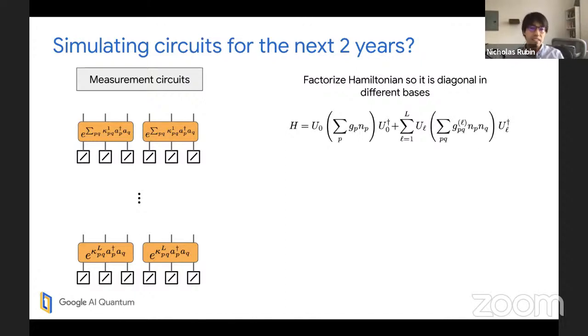So what you get is a sequence of measurement circuits that look like on the left, right? For the first one, the basis rotation circuit goes into U1, and then the last one goes into UL, and you just iterate through all L of these. And we know from chemistry that L is going to be around n to the third because of the structure of the Coulomb operator.